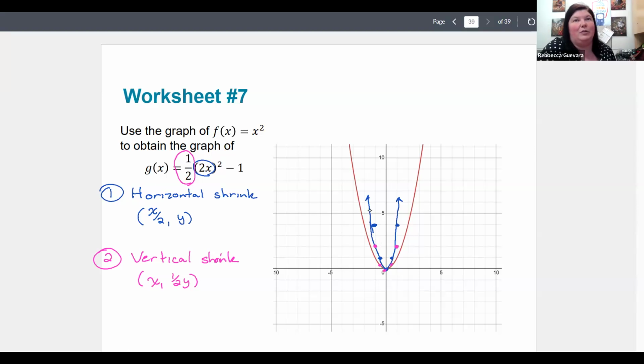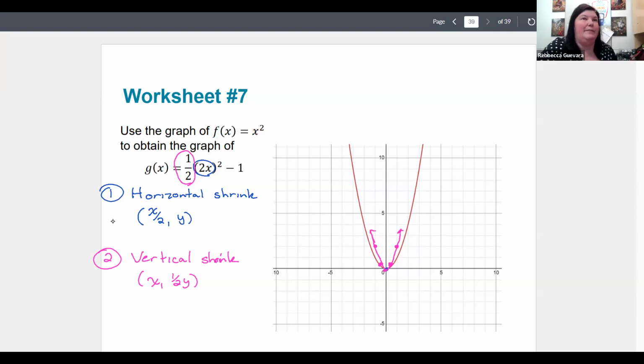So let me get rid of that blue line because this is too much in this little area. We've got 2 little shrinks going on here.